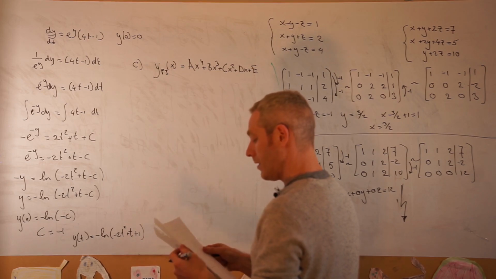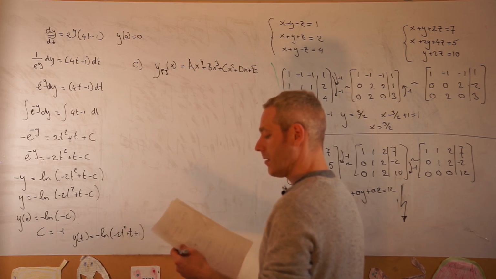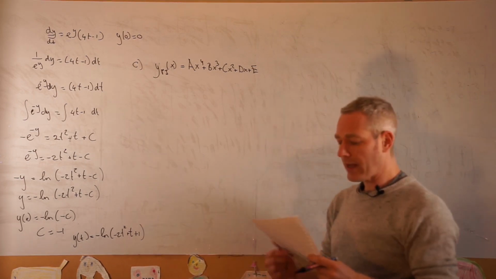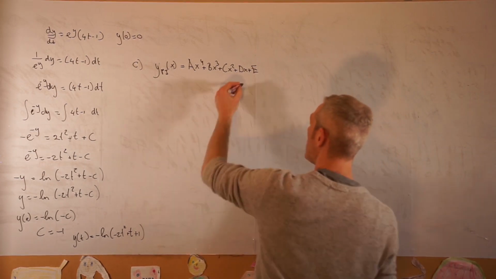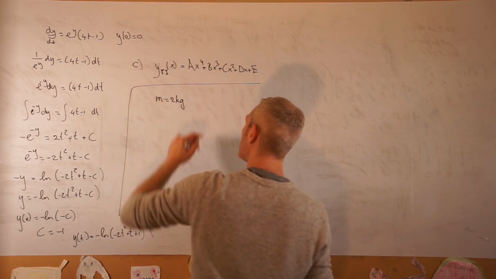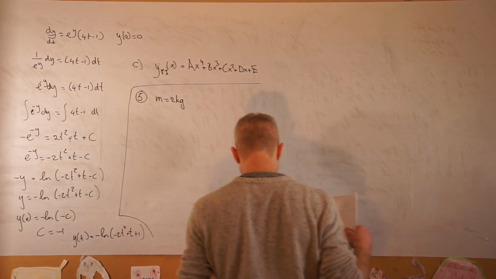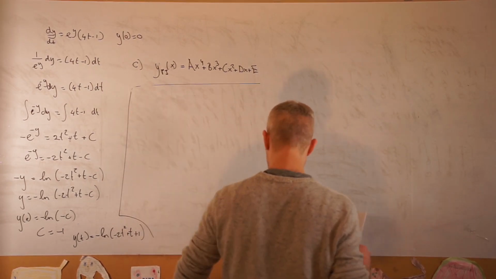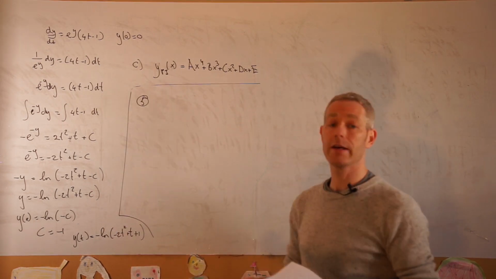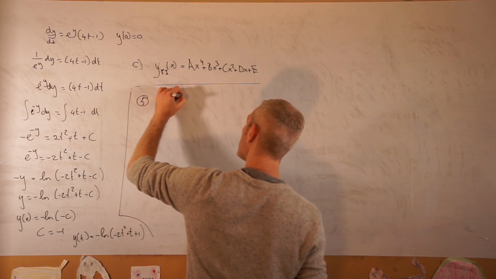That leaves us with the modeling question, question 5, the modeling part, where we have been given a couple of bits of information. We have the mass is 2 kilograms.